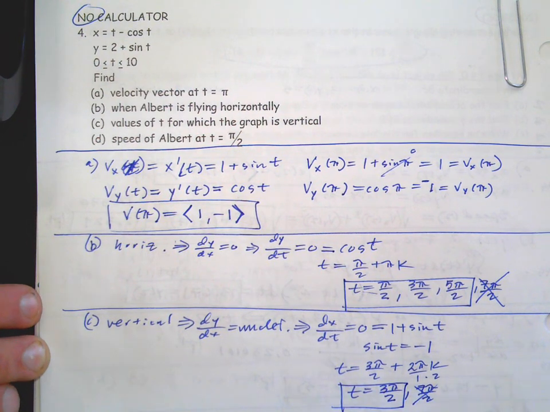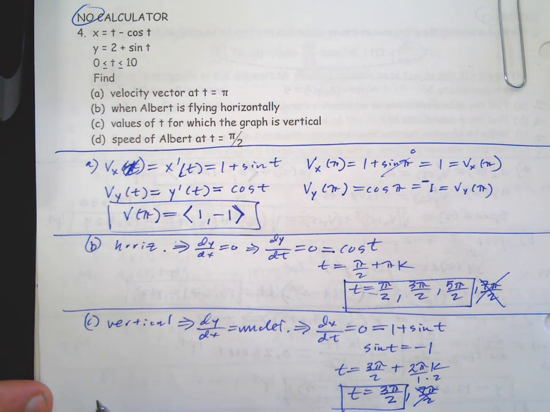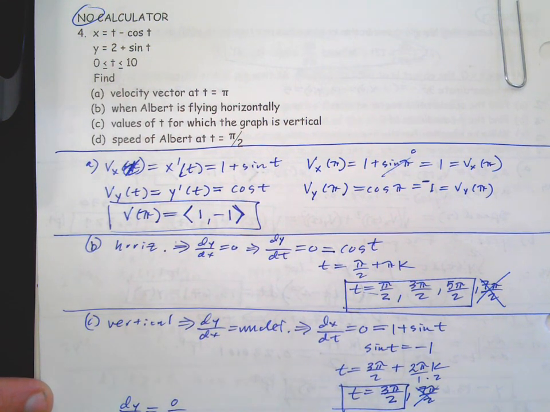Now here's the deal. It can't be vertical and horizontal at the same time. It's an indeterminate form. So what we should do is dy/dx equals 0 over 0 at 3 pi over 2.